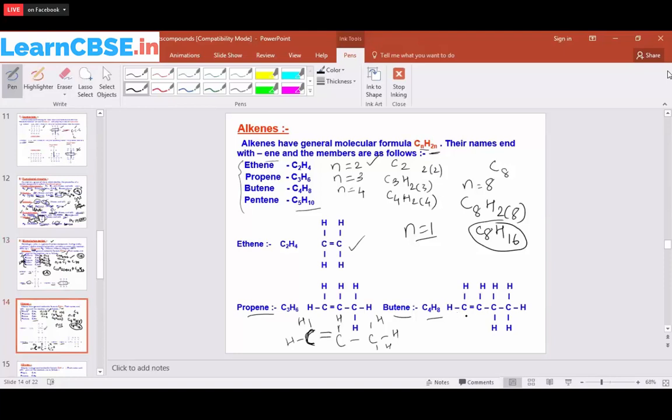We should not write one more over here, because then the carbon would have 5 bonds. That should not happen. Then this carbon atom has 1, 2, 3 bonds already, plus 1 bond with a hydrogen atom. Again, this carbon atom has a single bond, 2 bonds here, and 1 hydrogen above and below. This carbon atom makes a single bond over here, 1, 2, 3, so 3 hydrogen atoms.